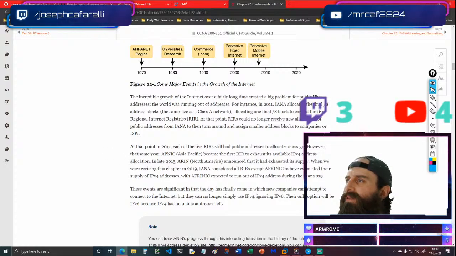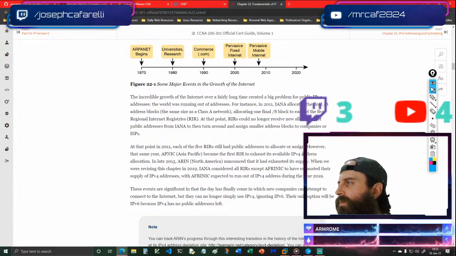At that point in 2011, each of the 5 regional internet registries, let's keep saying that, still had public addresses to allocate or assign. However, that same year, the Asia Pacific registry became the first regional internet registry to exhaust its available IPv4 address allocations.